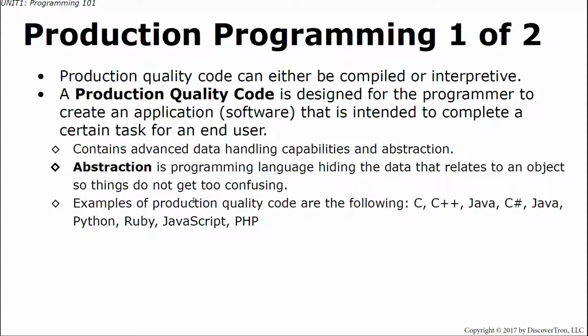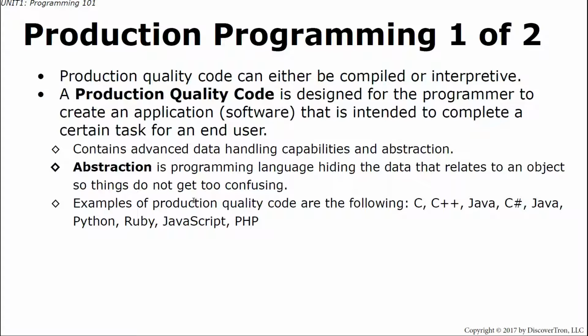Now, on the flip side, compared to educational programming tools, we have production programming tools. These production programming tools are high quality, they can be compiled or interpretive, and production quality code is designed for the programmer to create an application that is intended to complete a certain task for the end user. These software contain advanced data handling capabilities and abstraction. Abstraction is a good word to know. We'll cover that later on.